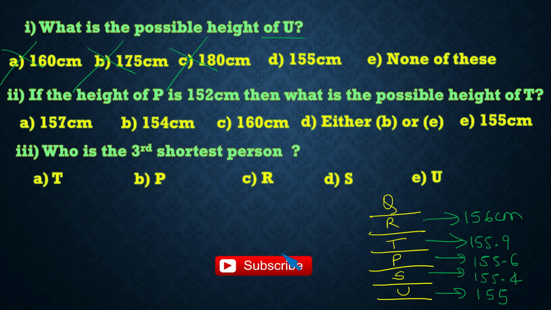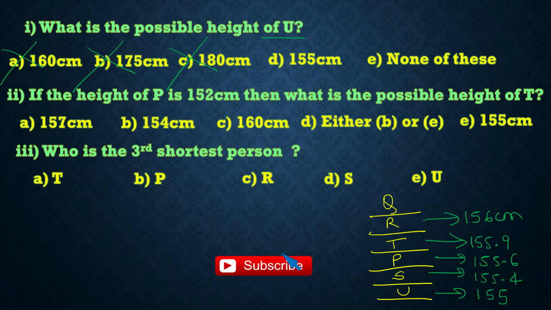Now in terms of height you can say 155.9, 155.6. But in the case of pens you can't do it, because a pen is given as a whole. You can't break the pen. But in terms of height, you can do this.